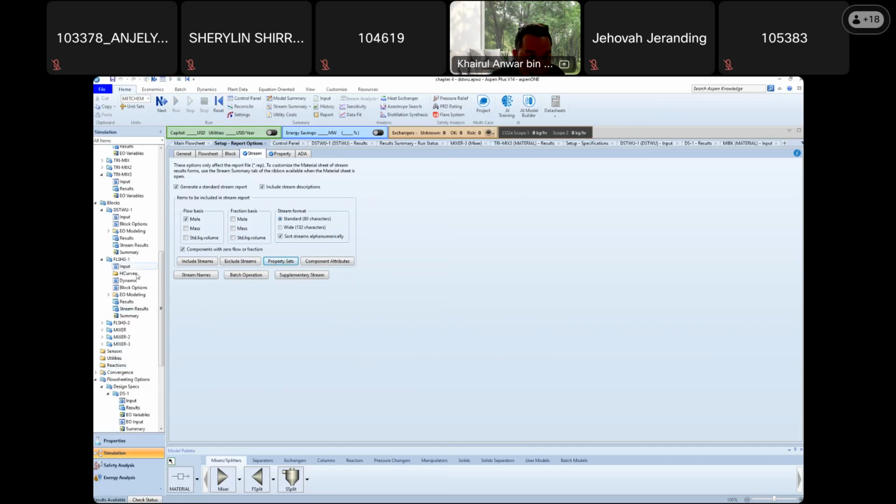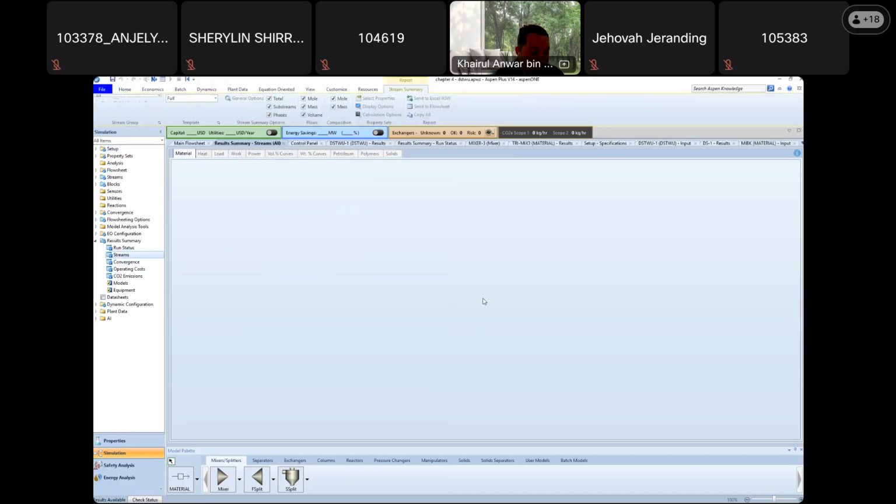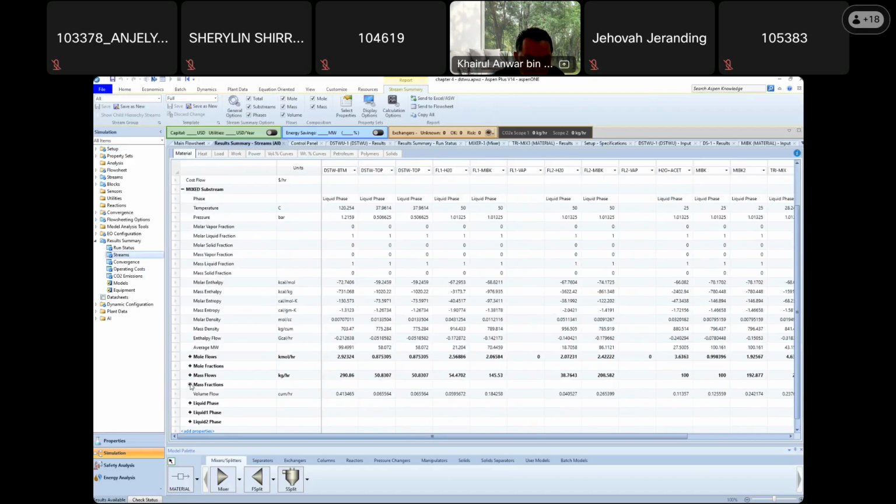Let's check there. Stream. Stream the STW top and this STW bottom. Inspection.